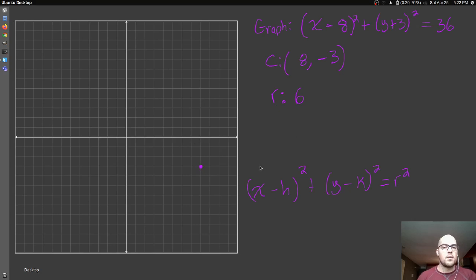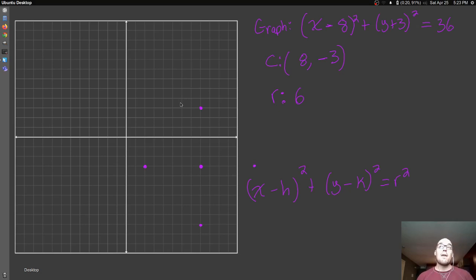There's my center. And now I'm going to graph the circle by going up 6, 1, 2, 3, 4. And I'm actually going to point all those cardinal directions. 1, 2, 3, 4, 5, 6. Down 6. And unfortunately, I've run out of graph here, but 4, 5, and 6 is somewhere in this little realm here.